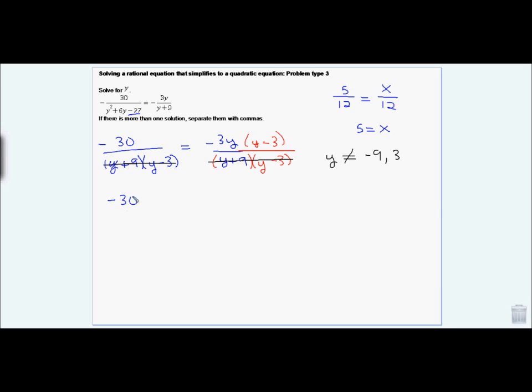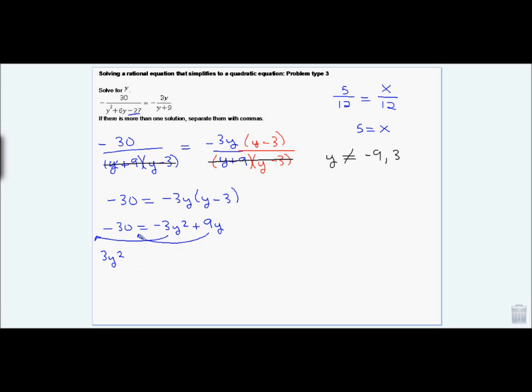So I get -30 is equal to -3y times (y minus 3). I'm going to distribute this. So I get -30 is equal to -3y squared plus 9y. Now to solve this, I need to set this equal to 0. So I'm going to do 3y squared. I just moved it, so now it's positive.